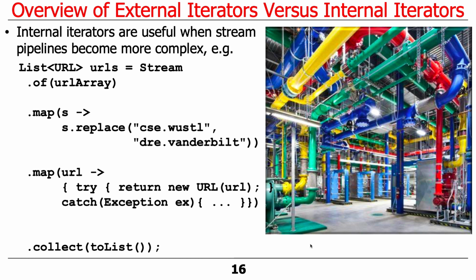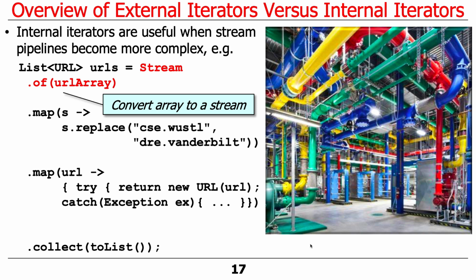I'll show you a simple example here, and then I'll generalize it a little bit. So you can see here, we're going to have something that's going to say stream.of URL array. Let's say we had an array of URLs, so we convert that URL array into a stream. We're then going to go ahead and replace everything that said CSE.Wustl to DRE.Vanderbilt. We're doing a string replacement, so for each string in the stream of strings, we're going to replace a portion of that string with another substring, and that'll then create a stream of modified strings.